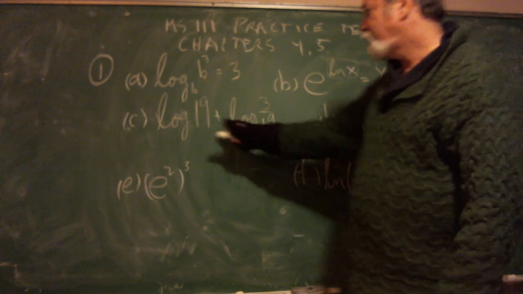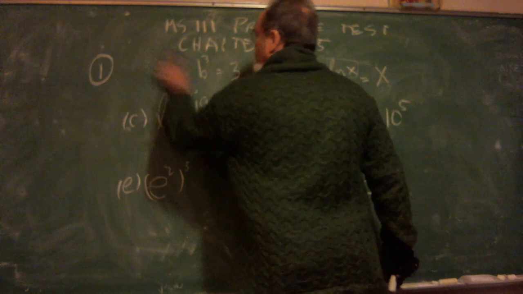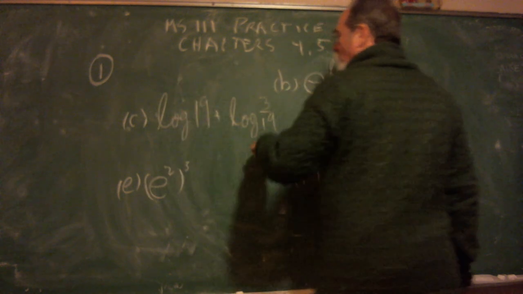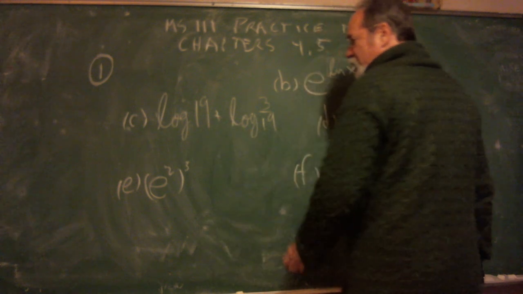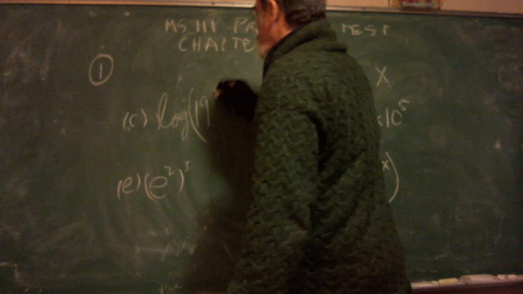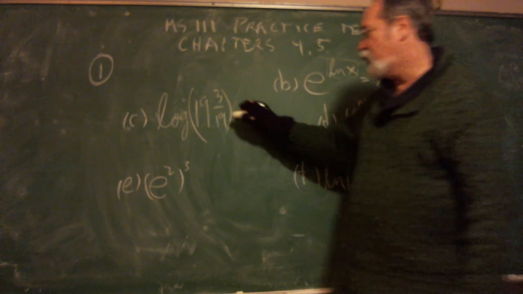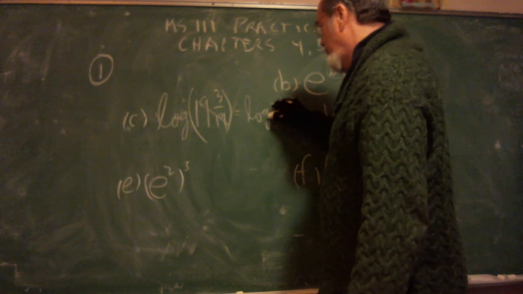All right, next up. This one says it's the log of 19 plus the log of 3 over 19. Well, the log of something plus the log of something is the same as the log of the product. So I have log of 19 times 3 over 19. The 19's cancel. This is the log of 3.